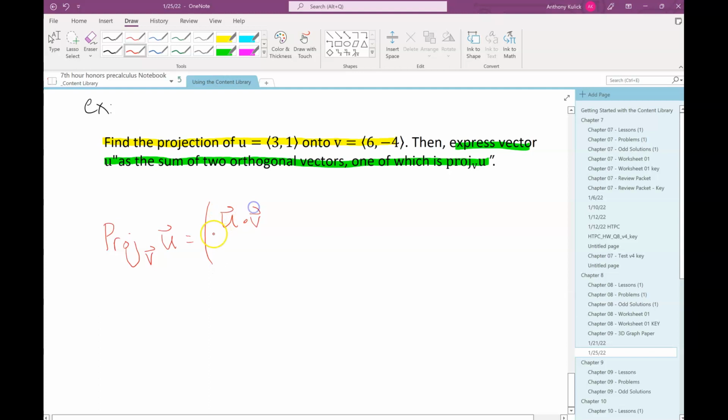So we'll just write down the formula. Okay. So let's start by doing the dot product. So that's u dot v, which is u1 times v1 plus u2 times v2. The magnitude of v is going to be 6 squared plus negative 4 squared, all square rooted.